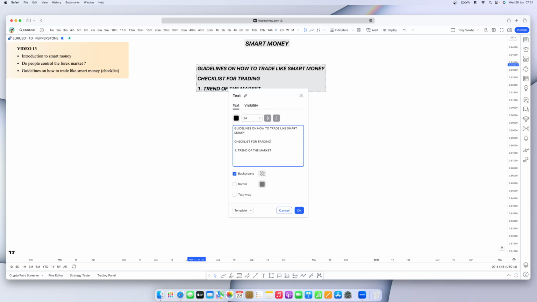Number one, trend of the market. You want to know what the trend is. Remember, I've taught you market structure. Is the market going up? That's a bullish trend. Is the market coming down? That is a bearish trend. If it's going up, then I know I should be buying. If it's coming down, then I know I should be selling.